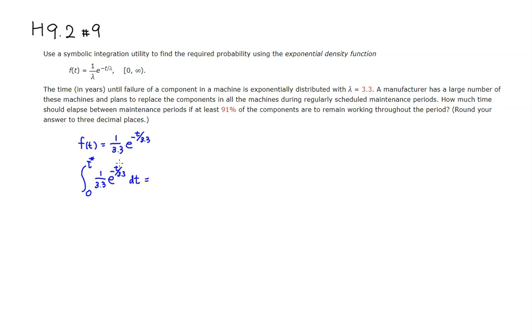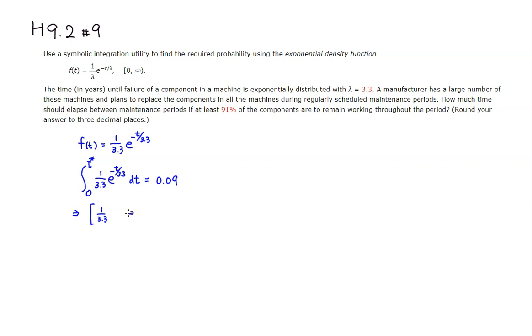So we want 91% remaining, so 9% is going to be gone. So this is going to be the 9%, 0.09, right? Set that equal to that. From here, if you integrate it, the antiderivative: 1 over 3.3 is just a constant.